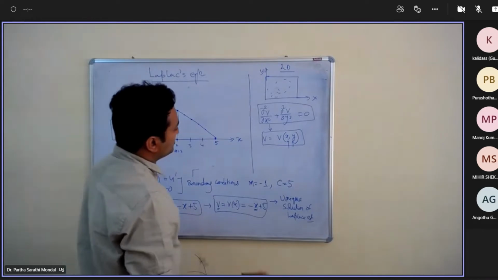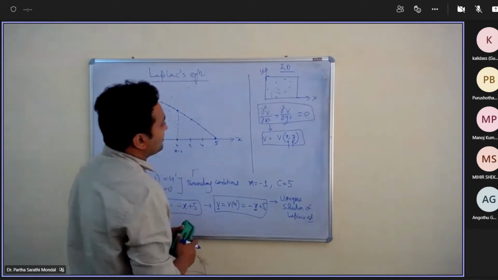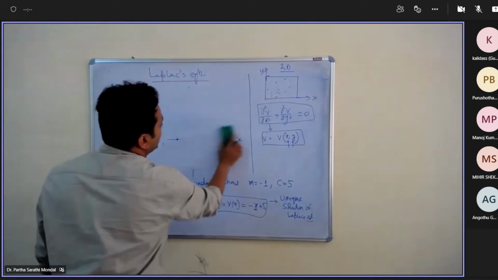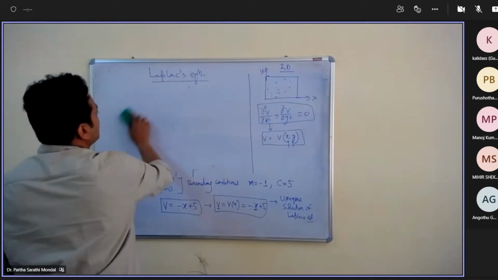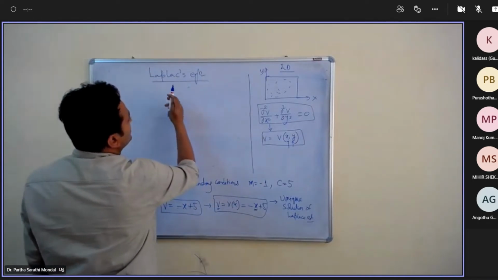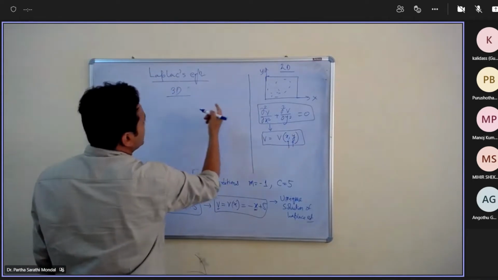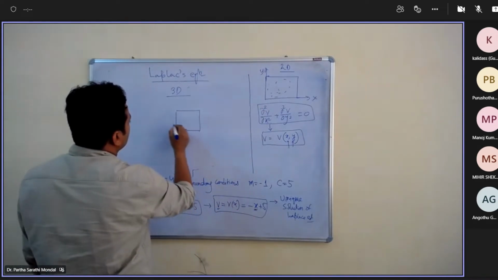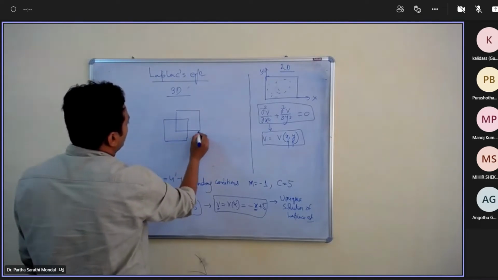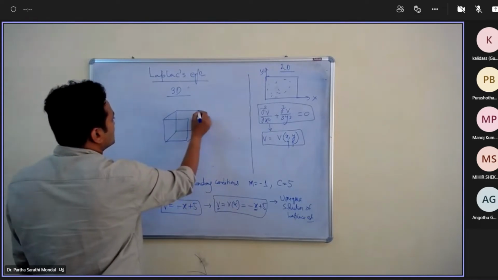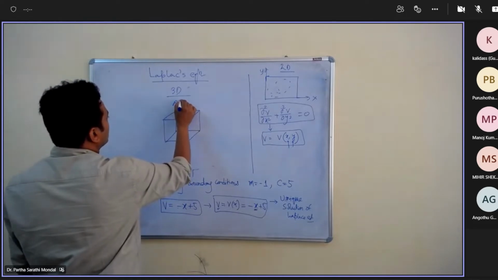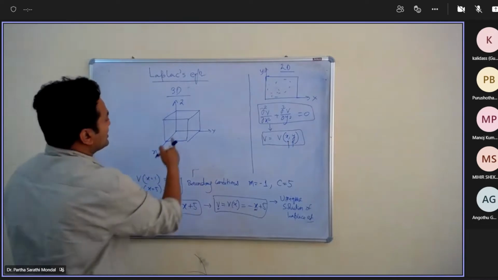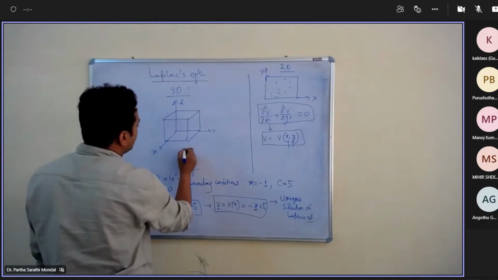If I want to solve a Laplace equation in 2 dimensions or 3 dimensions, similarly you can write it down in 3 dimensions also. Since we are describing the Cartesian coordinate system, it will give you a parallelepiped symmetry, with axes x, y, z.